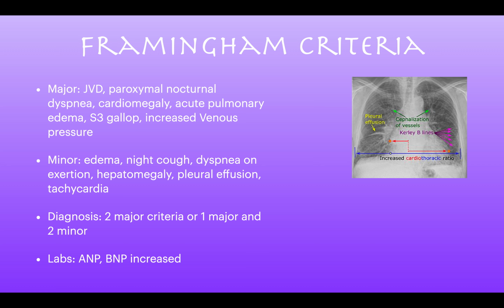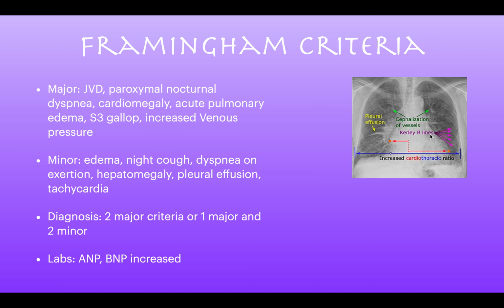Okay, the Framingham criteria. There is the major criteria: jugular venous distension, paroxysmal nocturnal dyspnea, so problems with breathing at night, cardiomegaly, acute pulmonary edema, S3 gallop, and increased venous pressure. Minor criteria: edema, night cough, dyspnea on exertion, hepatomegaly, pleural effusion, and tachycardia.